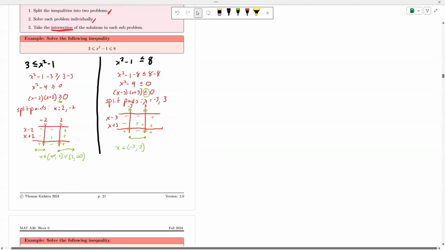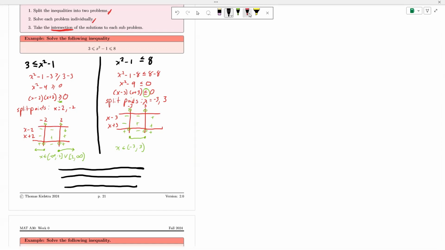To intersect these two intervals, I'm going to draw 3 number lines. The first 2 number lines, I'm going to draw my 2 constraints. This is minus 2, and then minus 3 to 3.